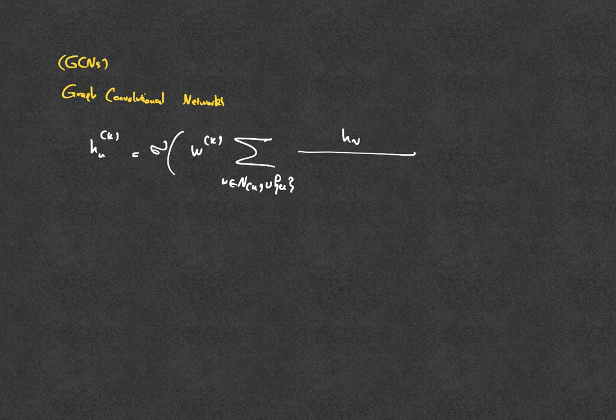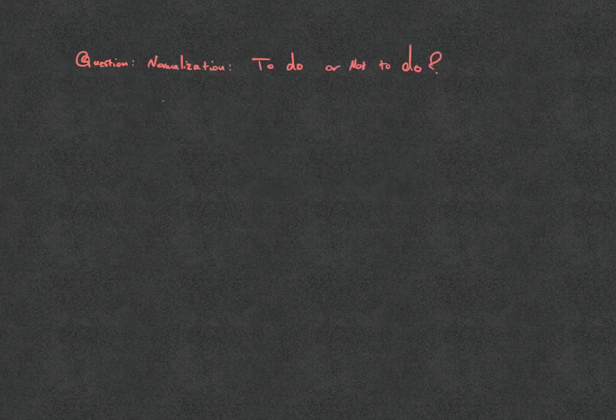You take the representations and divide them by the symmetric normalization term, and basically you have this. This is one of the most famous and effective approaches in graph representation learning.